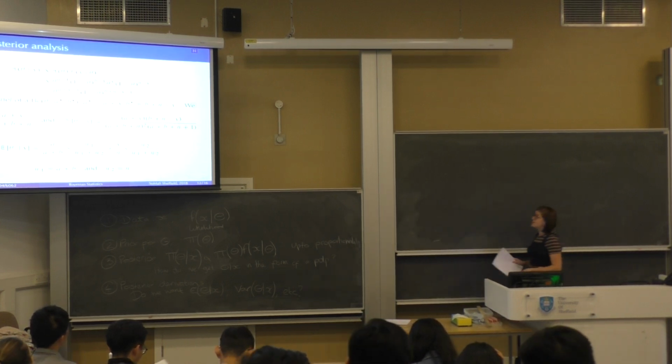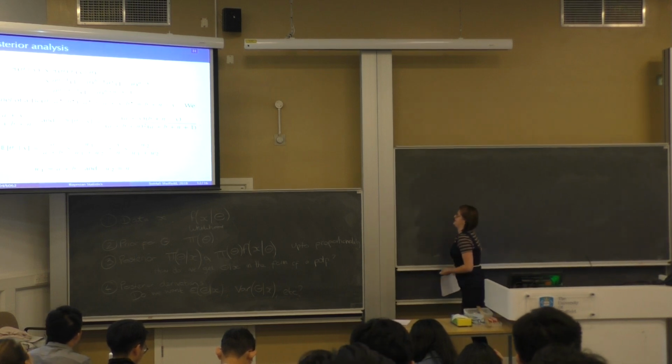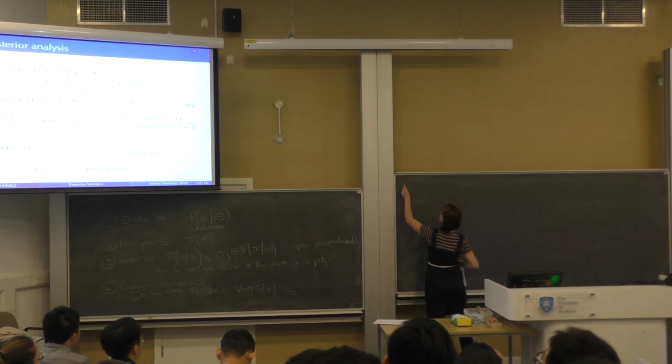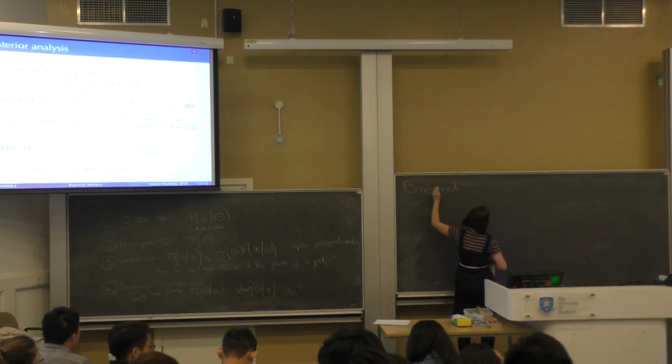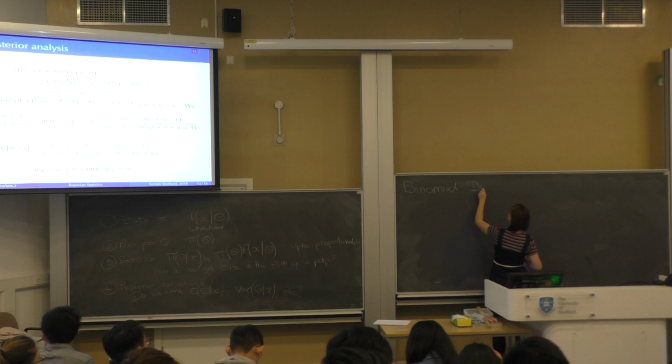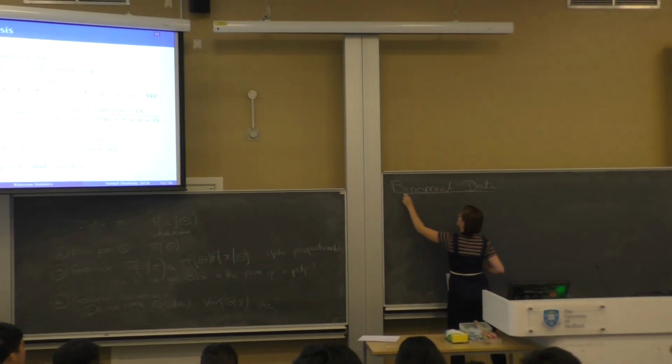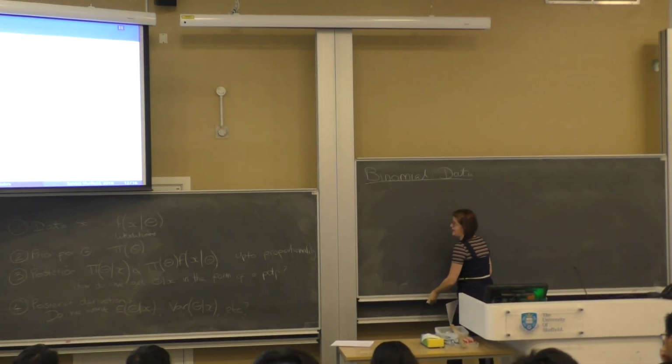So yesterday, we talked all about binomial data. So we did this whole work process for data of that kind of distribution. And today we're going to work through some examples on that.